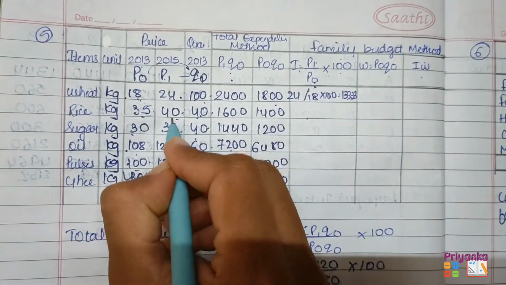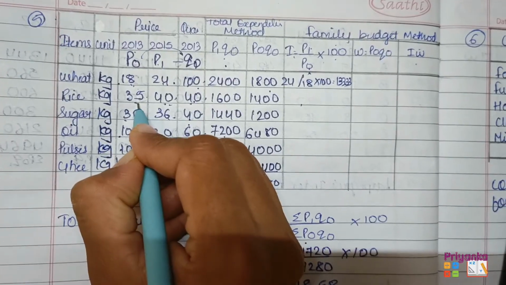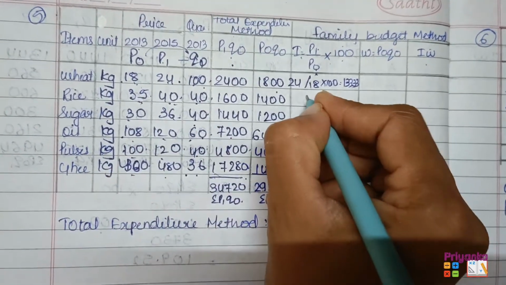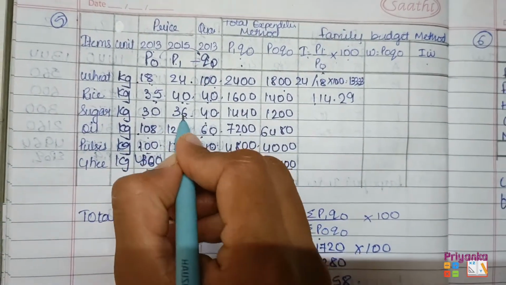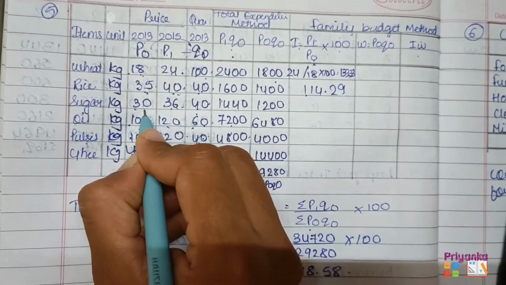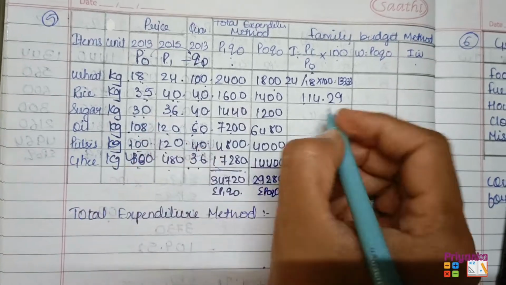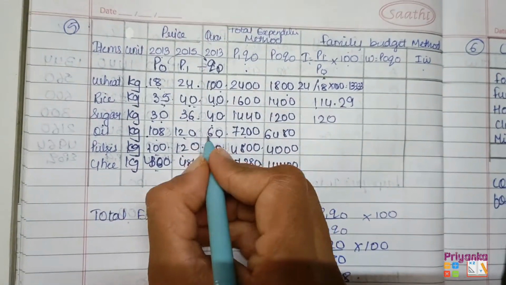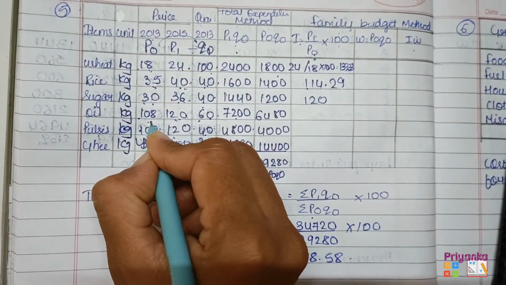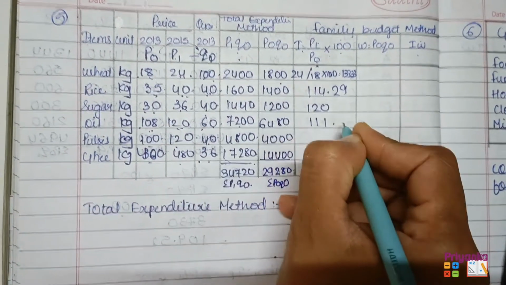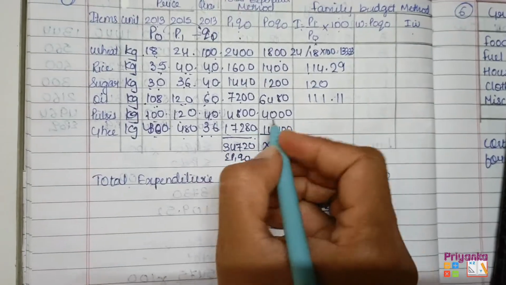First take 40, divide by 35 and multiply by 100. Here you will get 114.29. Again from P1 take 36, divide by 30, multiply by 100. You will get 120. Next 120 divided by 108 multiply by 100. The answer will be 111.11.